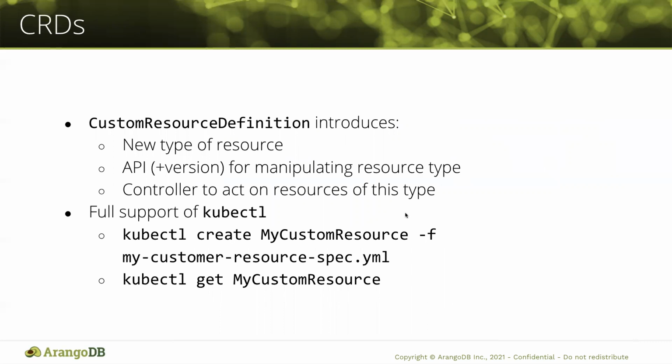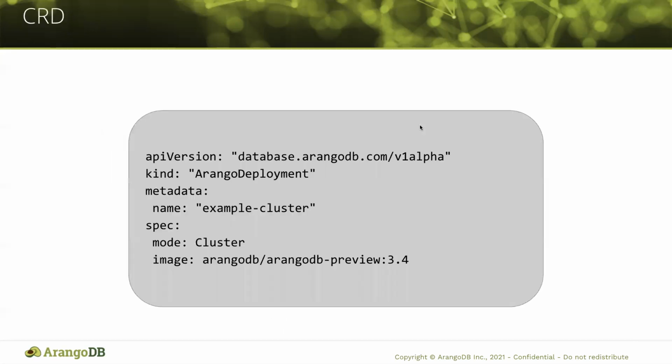Furthermore, it comes with a so-called CRD, a custom resource definition, which introduces a new type of resource. So it's then fully supported by kubectl as well. Again, this is a tool we saw earlier, which allows you to access your cluster. And then we can do something like kubectl create my custom resource, kubectl get my custom resource, and ArangoDB obviously comes with its own CRDs.